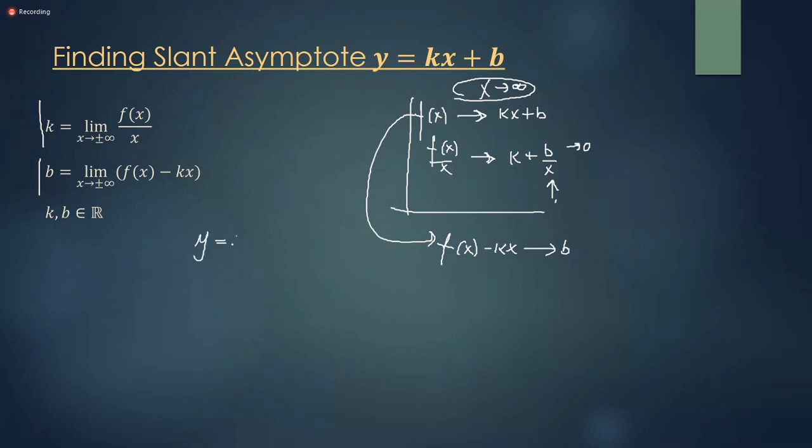If even one of them is not a real number but infinity, or sometimes one of these limits does not exist, then the asymptote does not exist.